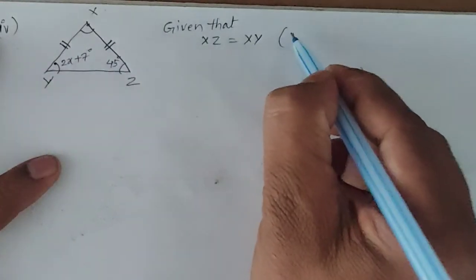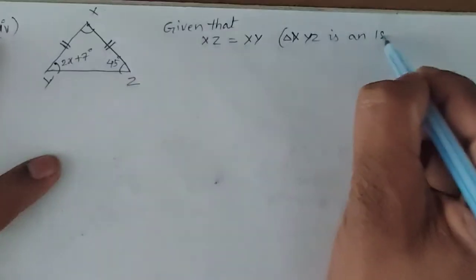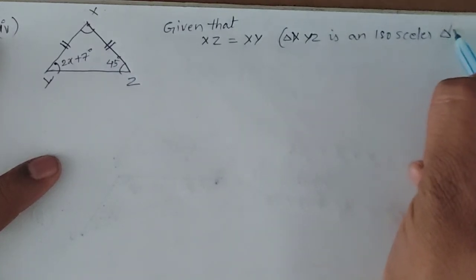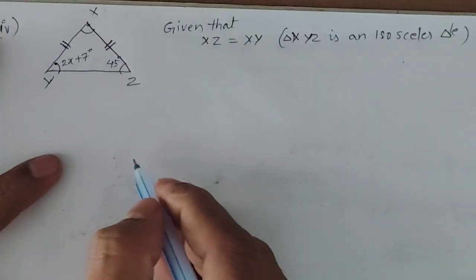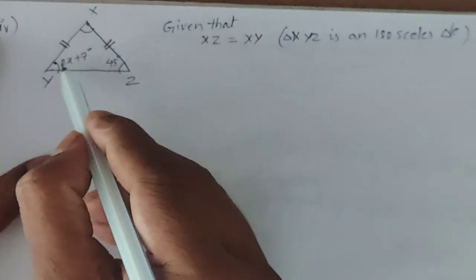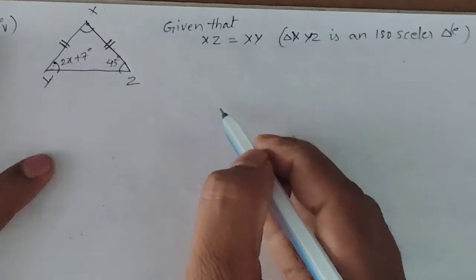That means triangle xyz is an isosceles triangle. So what kind of triangle is it? An isosceles triangle. You know that the angles opposite to equal sides are also equal.